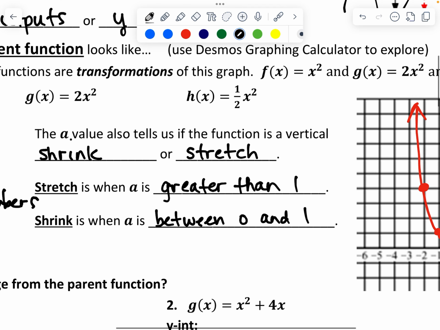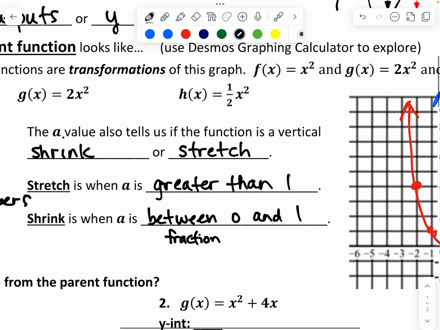Notice they're both positive. The stretch is greater than 1, and the shrink is between 0 and 1, so there's not any negatives in the shrink or stretch. Now, if it's between 0 and 1, that means it's going to be some type of fraction or decimal. It's going to be a really small number.